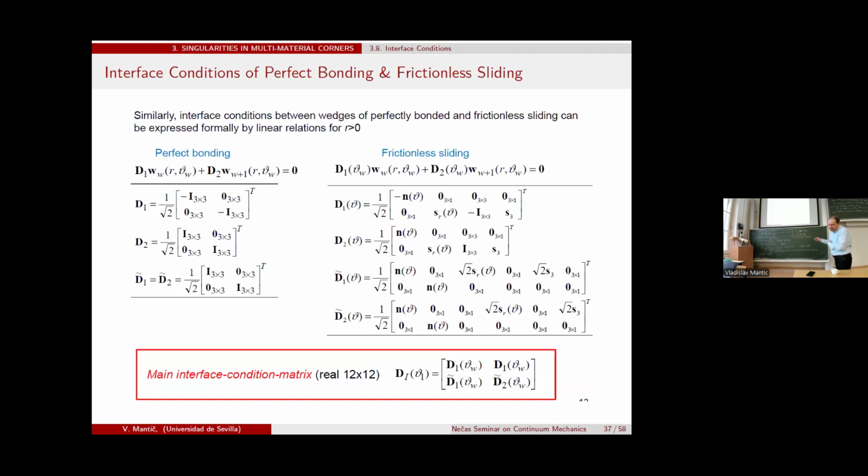In a similar way, we can work with the interface condition. I won't go into all details, but we are considering perfect bonding or frictionless bonding, and we can write this condition as a linear condition using these matrices, again using these unit vectors in these local reference frames, and we can again form this main interface condition matrix, which is again orthogonal.